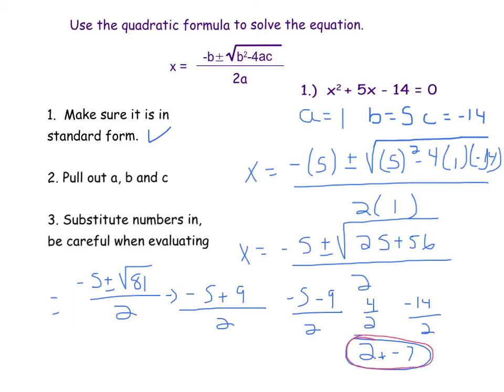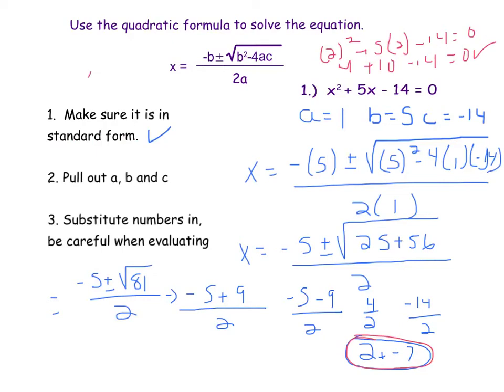So our 2 solutions for that quadratic are 2 and negative 7. Now I want to point out the importance one more time, and I've done this many times, of checking your work. Go back to the original equation and actually fill in the answers. Our first answer was 2, so 4 plus 10 minus 14 does equal 0, so I know that is a solution.